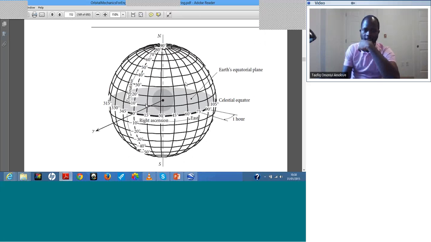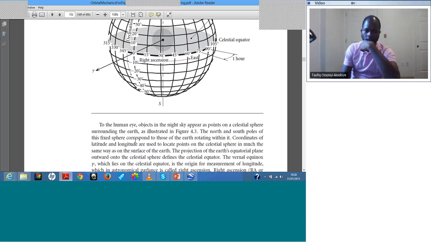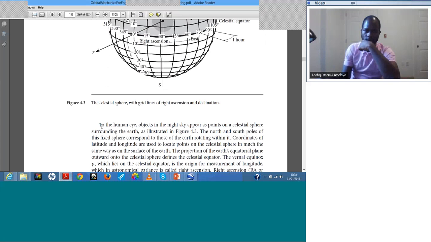and this is a celestial sphere which we shall be talking about shortly. Let's read what's written there.